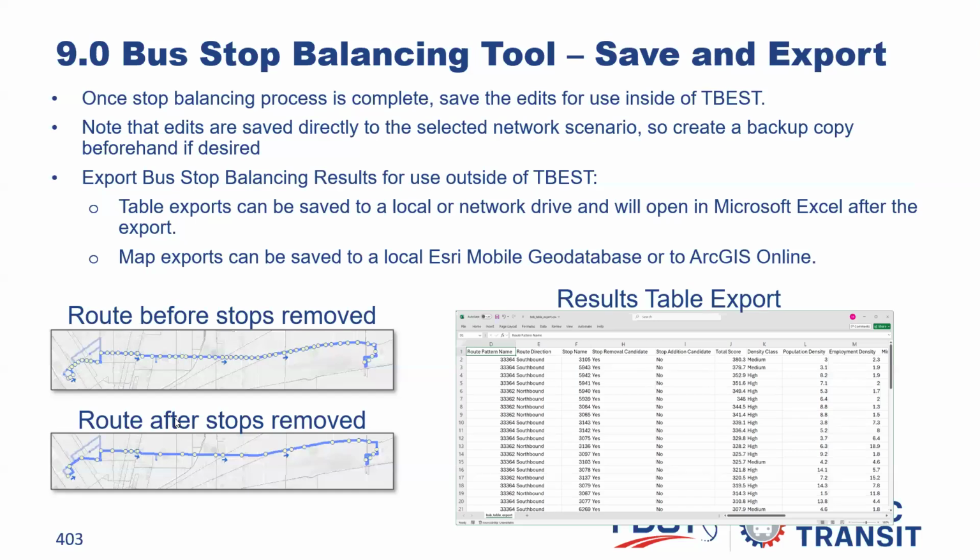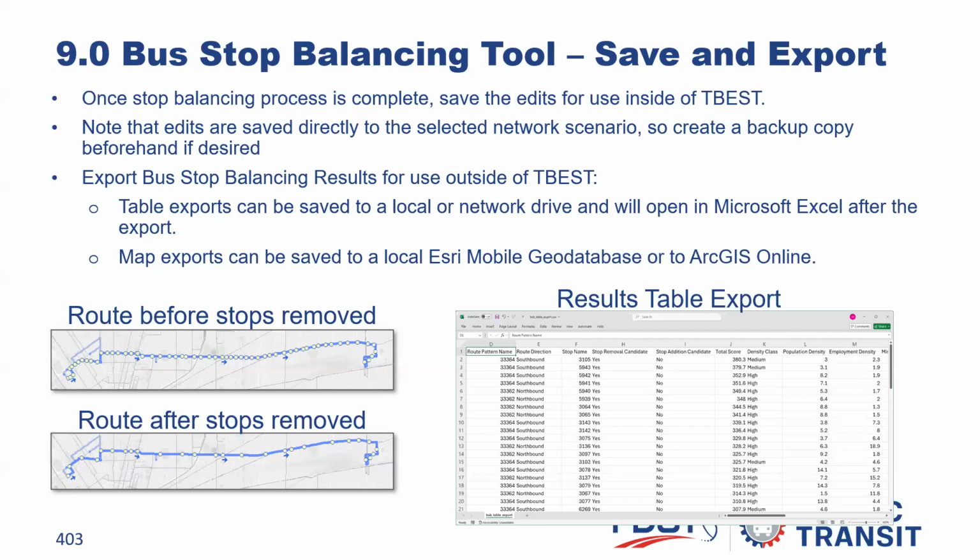Okay, so once we're done, you can save the edits back to TBEST, directly to the network. You can export the balancing results, but you can see the route before stops were removed was very dense for the spacing, and then afterwards it's less dense, and it's based on the ridership and not only proximity, ridership, connectivity, all those things that we want to evaluate relative to all of the stops.